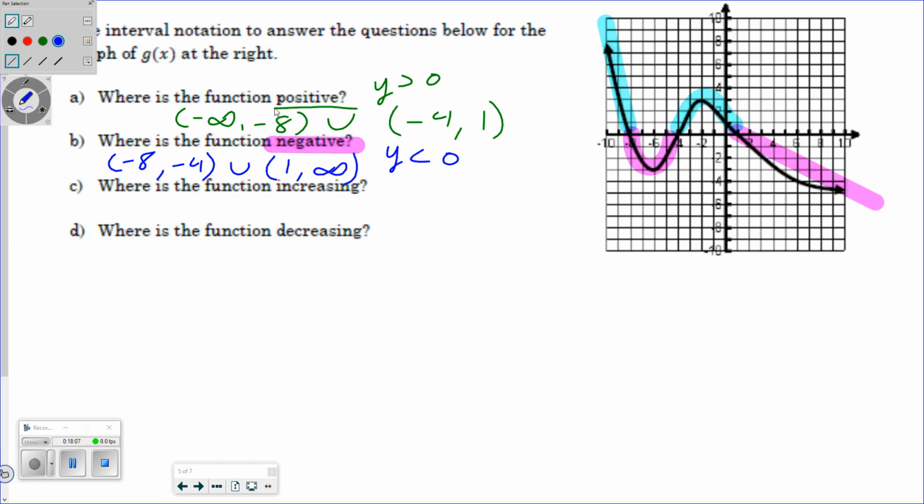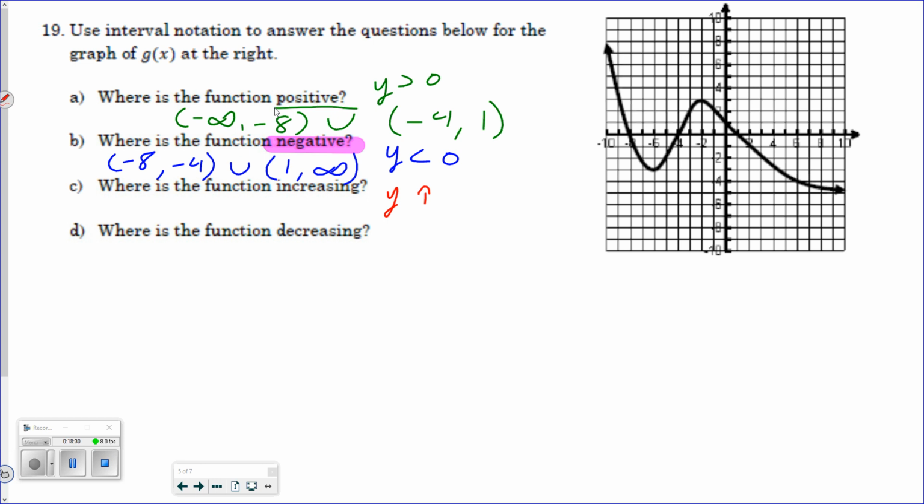Where is the function increasing? When we ask when the function is increasing, what we mean is when are the y's going up. Remember, you always read graphs left to right, least to greatest. So we're asking as the x's increase, where are your y's increasing at the same time?